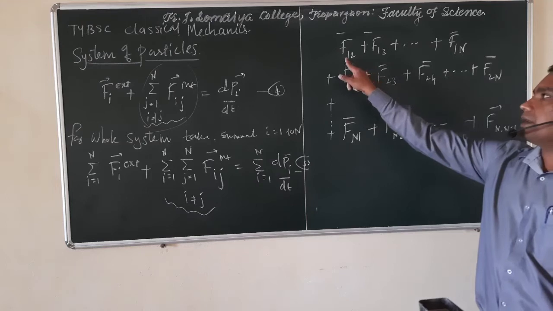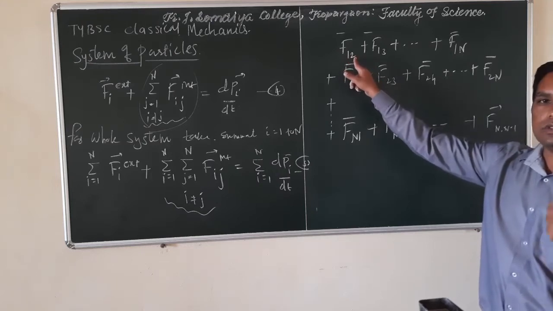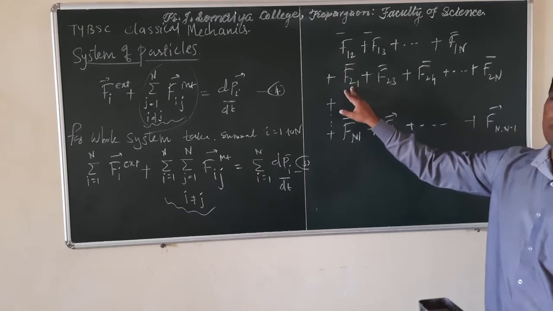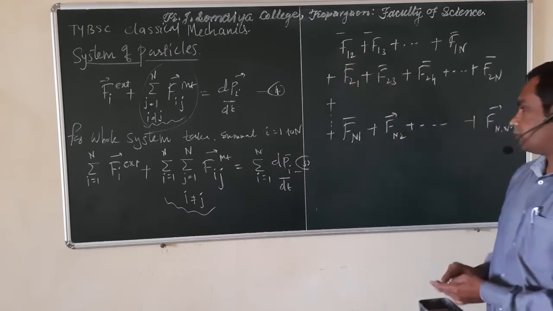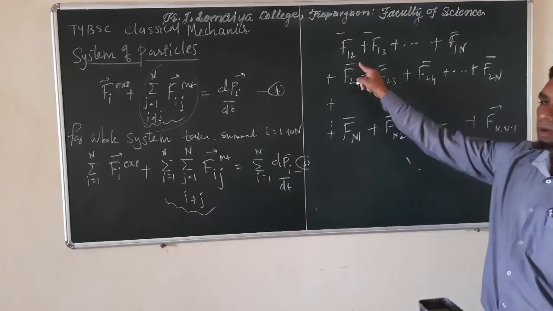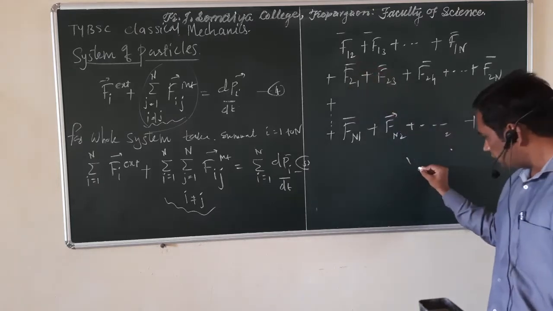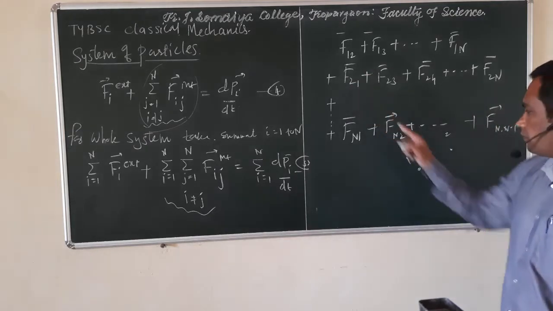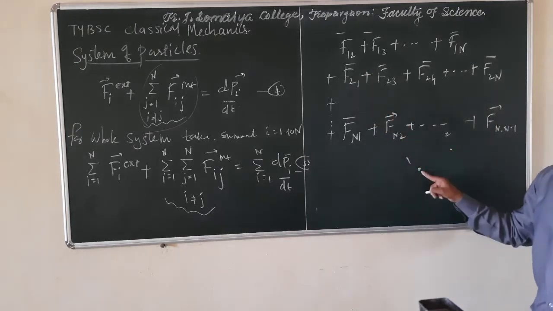Force acting on first particle due to second, suppose this is the action force, then this becomes the reaction force. Suppose this is particle first and this is particle second. F12 means force acting on first particle due to second particle. F21 means force acting on second particle due to first particle.